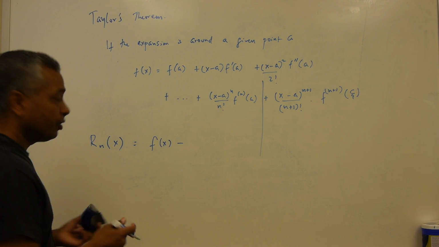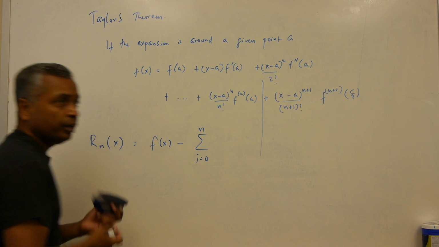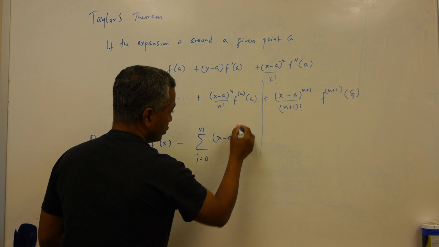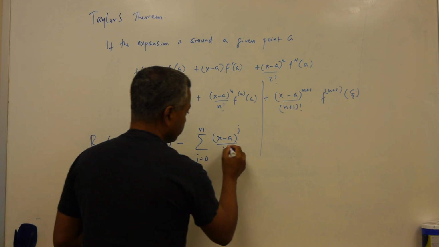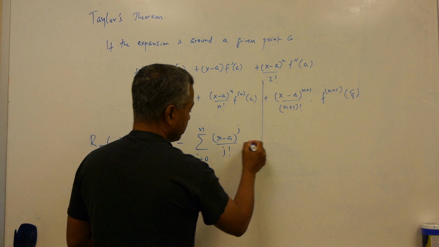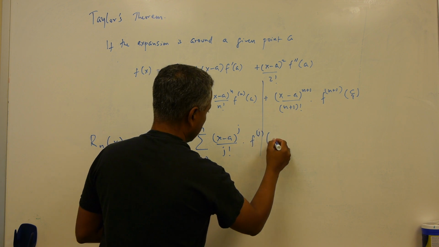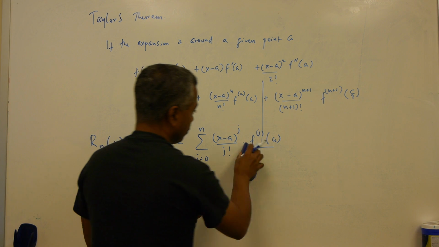Okay, so I'm simply going to write this as the sum over j equals 0 to n of (x minus a) to the power of j divided by j factorial times f^(j) at point a.